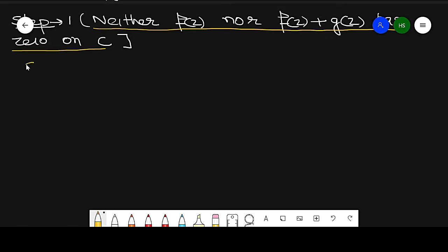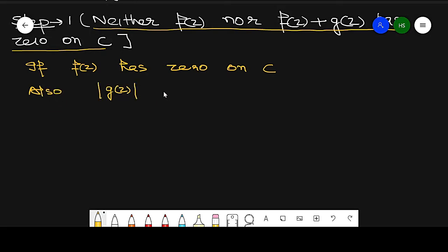Now suppose f(z) has a 0, meaning a root, on the closed contour C. Also we know that modulus of g(z) is less than modulus of f(z) on C, that is the given part.